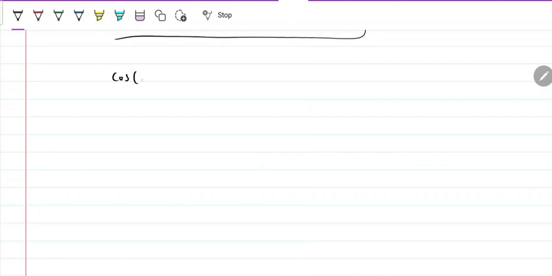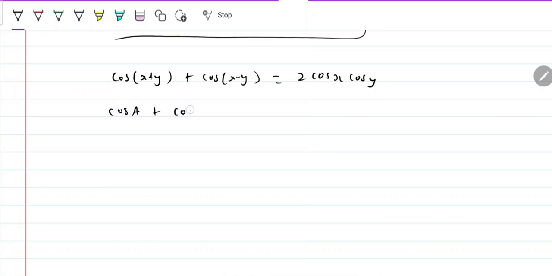Well, what about cos of x plus y plus cos of x minus y? We know that was equal to 2 times cos x times cos y. So cos A plus cos B is equal to 2 times the cos of A plus B over 2 times the cos of A minus B over 2.